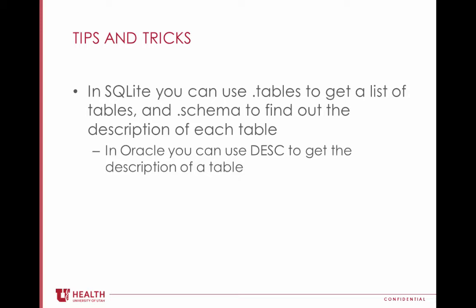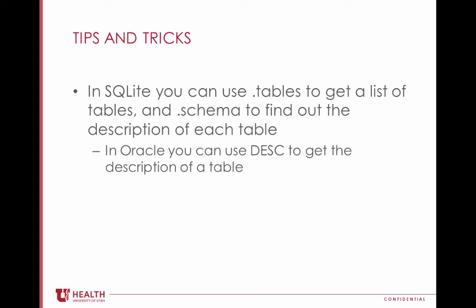So in SQLite you can type dot tables and it'll return a list of all the tables that are in that database. And similarly in the terminal window you can type in dot schema and it'll give you back not only the name of the table but a description with the data types and the columns and so forth.